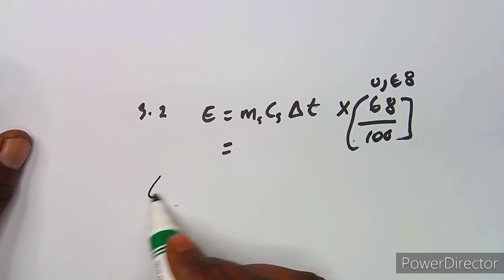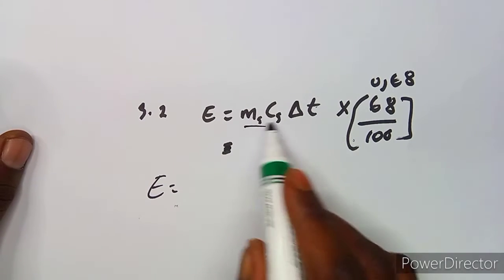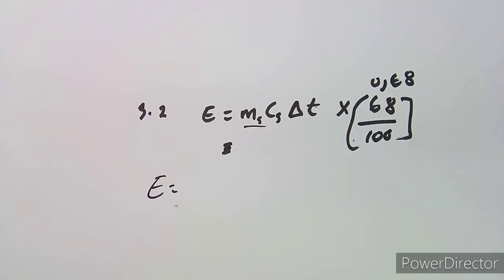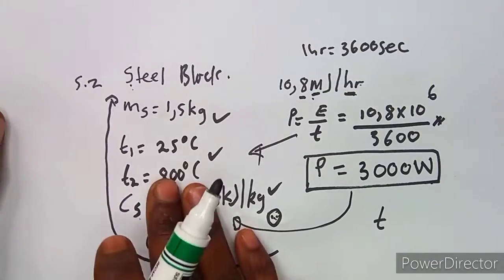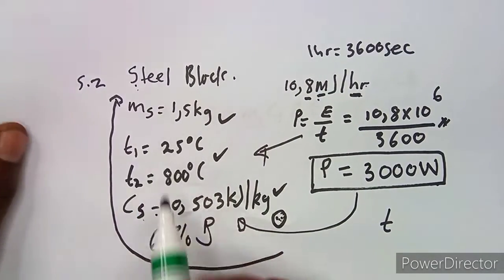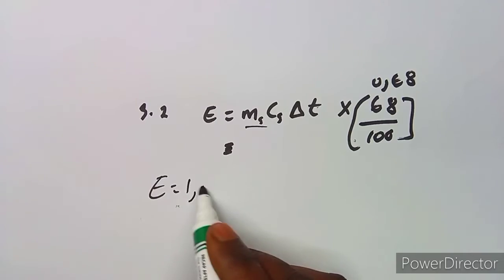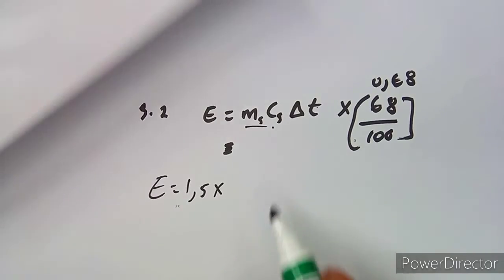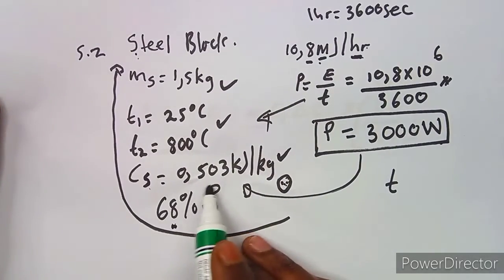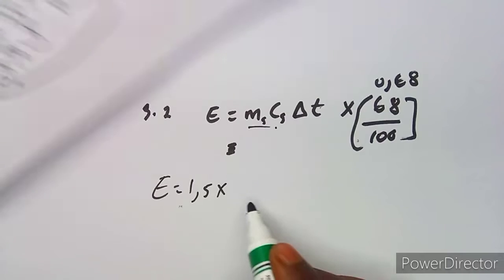So let's substitute our values. The mass of the steel block is 1.5, multiplied by the specific heat capacity of steel, which is 0.5.